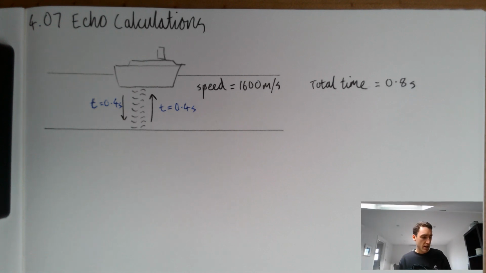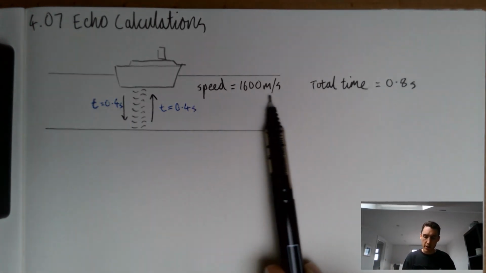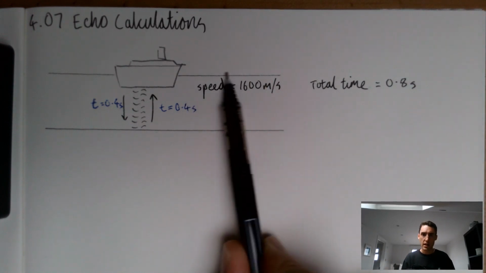Now, you may be tempted to just dive into the equation here and do some algebra, speed equals distance over time, and rearrange. Actually, I think quite a nice way of laying out these calculations, especially for Key Stage 3, is to really interrogate what's meant by this thing here.